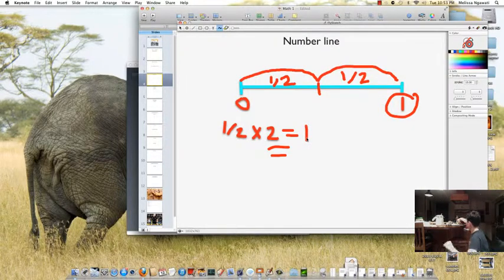As you can see, they create 1 whole banana. What we are doing is dividing the number line into 2 to show that 1/2 times 2 equals 1. A good way of thinking about it is that you are joining the 2 halves together, like in the banana.